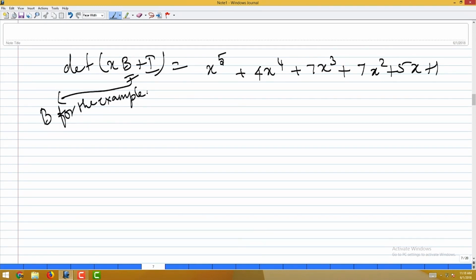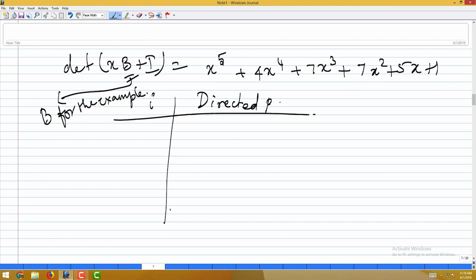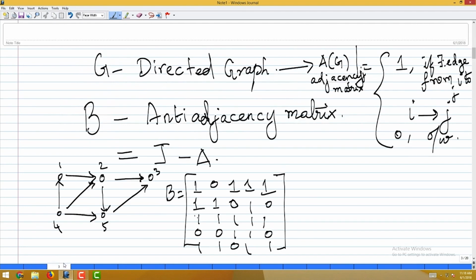So, what does this tell you? Each of these terms tells you about your C_i's, right. So, if I try to list down based on my i value and the directed paths, can you do that? Say suppose i equal to 5, or should I go from the reverse direction? Let me just go back to this example. So, this example is what we are talking about.